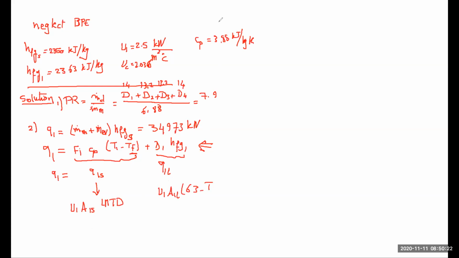And T1 is known to us, it is given in this example as 58. The U1 is 2.5, so this one can be utilized to calculate area 1 latent, which, if I'm not mistaken, should be 2624, yes.